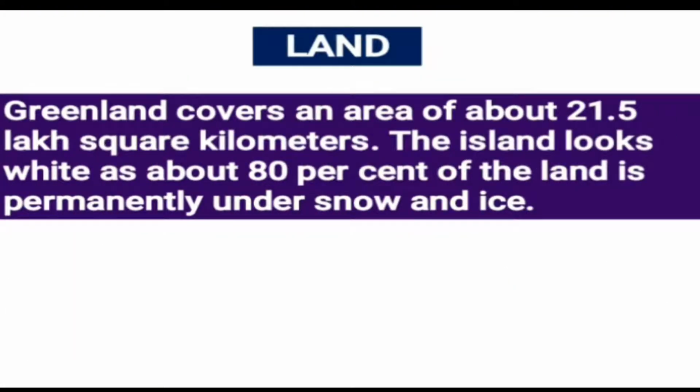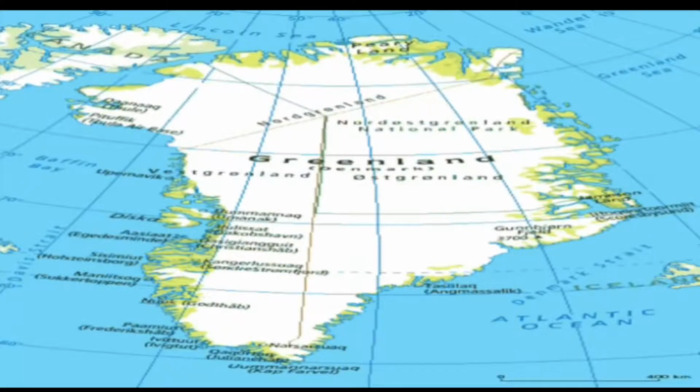Greenland covers an area of about 21.5 lakh square kilometers. The island looks white as about 80% of the land is permanently under snow and ice. This is Greenland here, and it covers an area of 21.5 lakh square kilometers, and it looks white. Why?